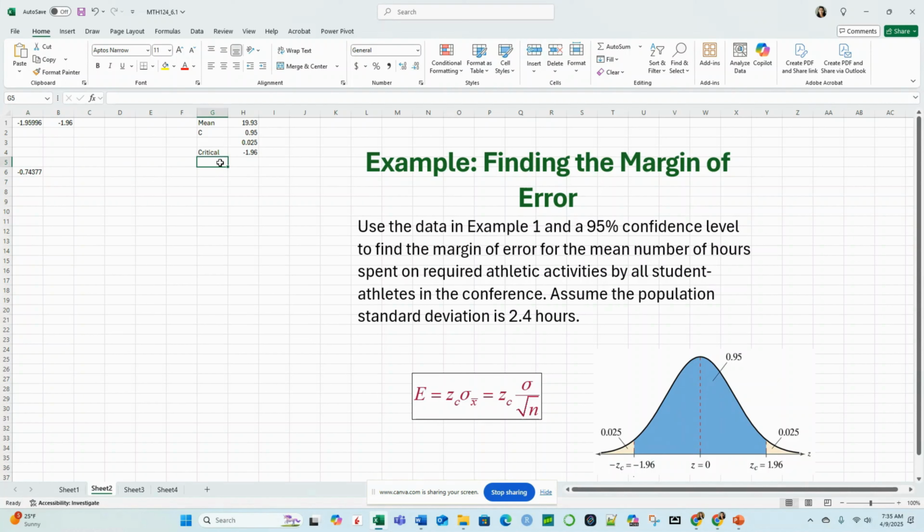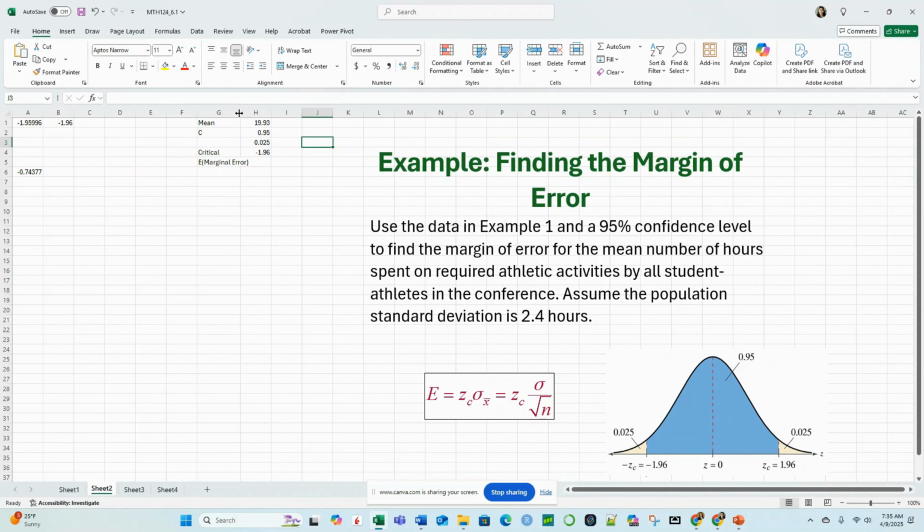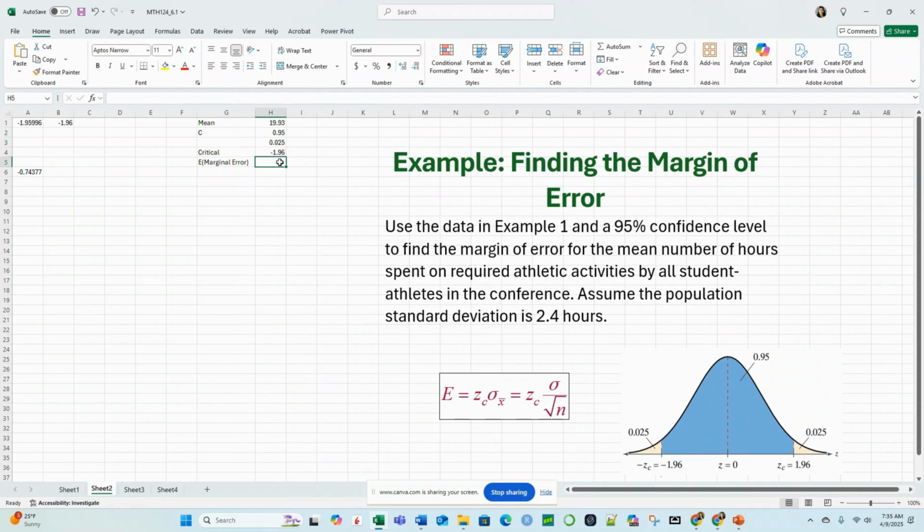So I will type here E. That means marginal error is negative 0.774377.